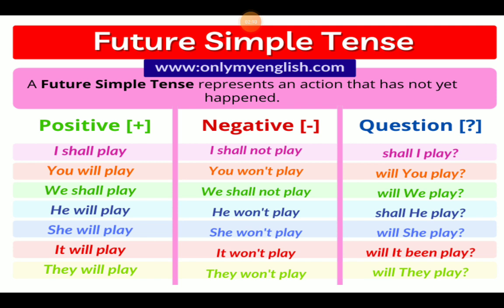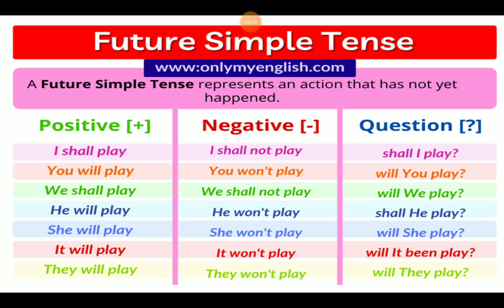So here there is no difference between the singular pronouns and plural pronouns, no problem at all. Here we can use shall for I and we. For other pronouns we can use will.